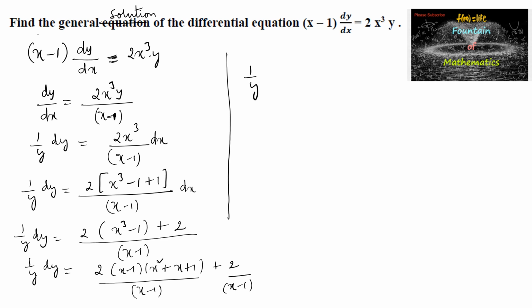So we have finally 1 upon y dy is equal to 2 times of x square plus x plus 1 plus 2 upon x minus 1.